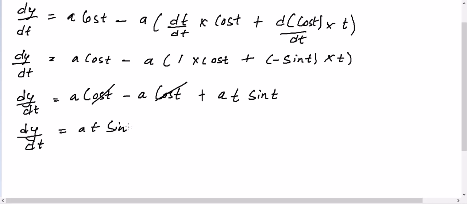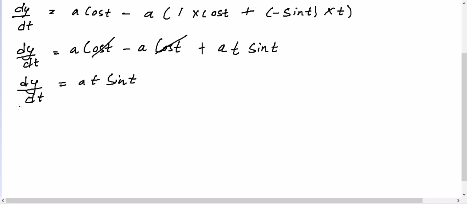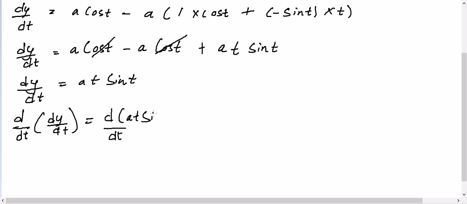Now we need to find the second derivative also, right? So let's continue. We are differentiating on both sides with respect to t, dy by dt, a t sin t. So guys, again we need to use the product rule.